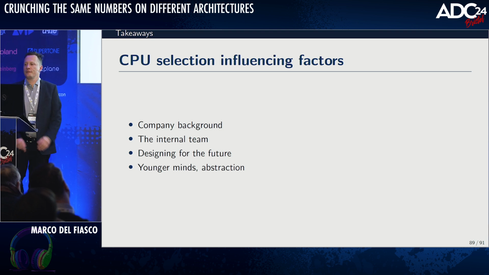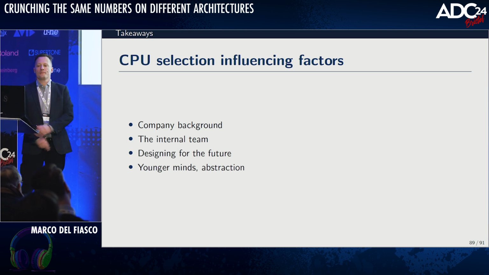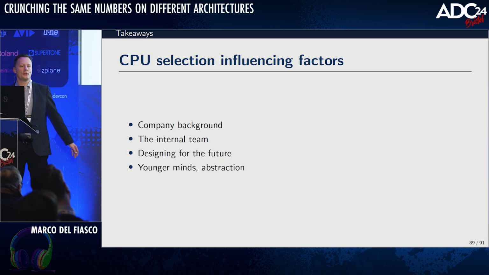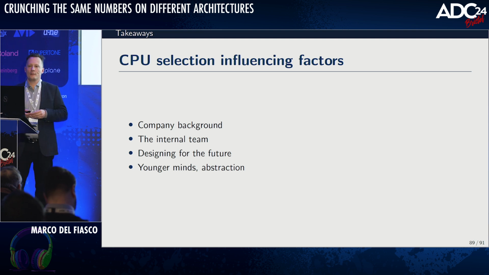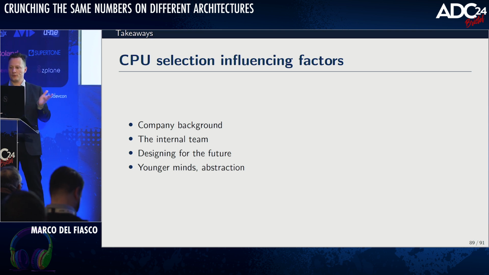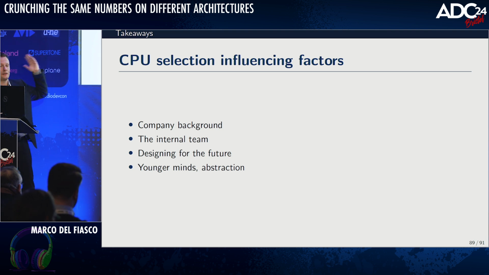Some other influencing factors for this choice of the CPU: the company background and internal team, of course, play a role because of habits. Should we extend or make a better version of our previous architecture, or should we design a new one because we want to embrace the future, we're designing for the future? It's a hard choice.